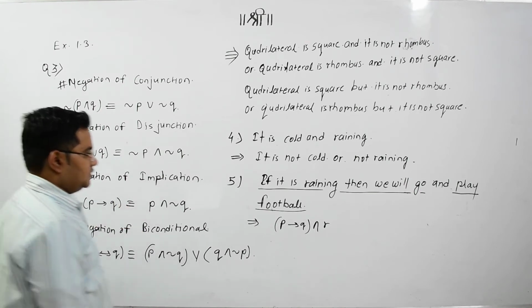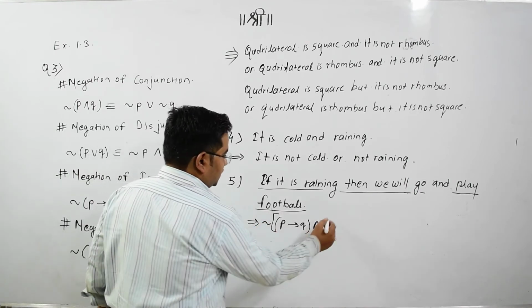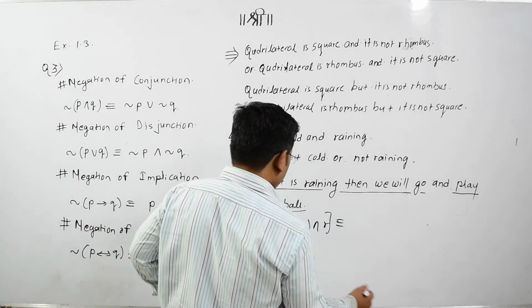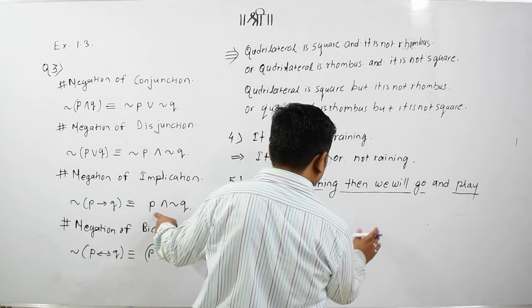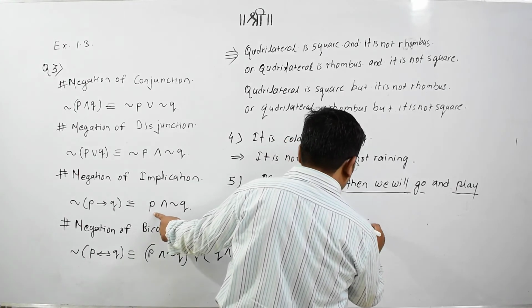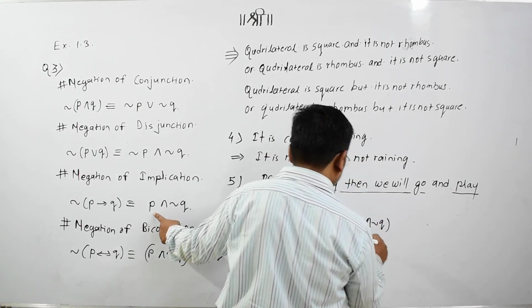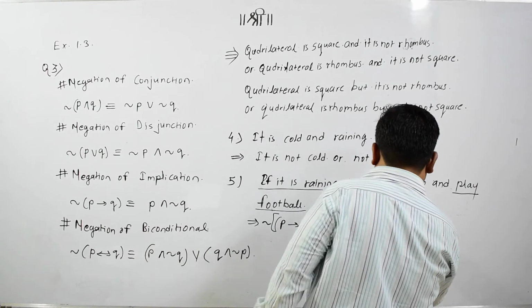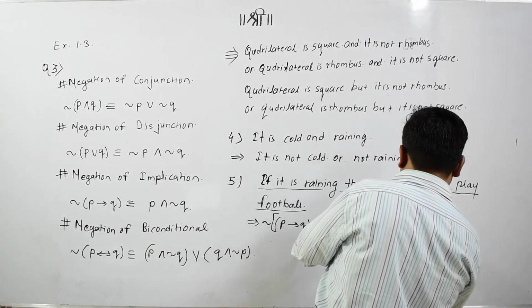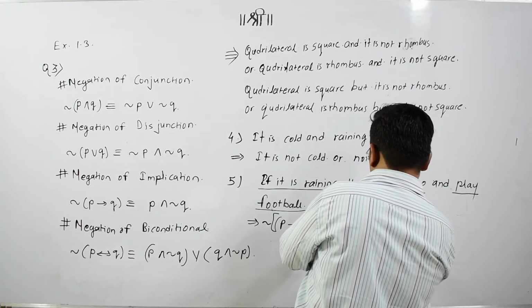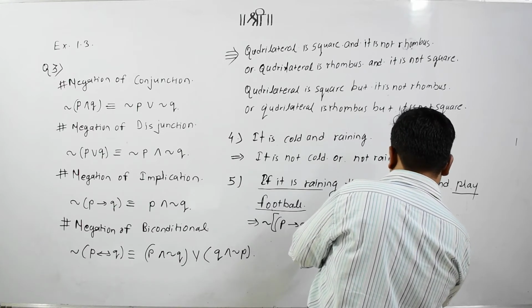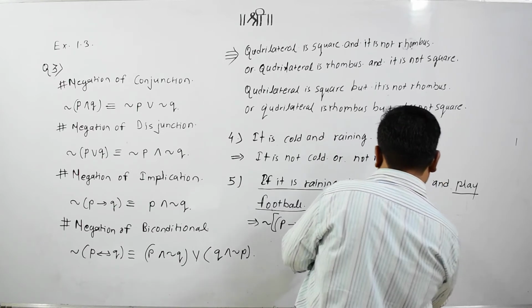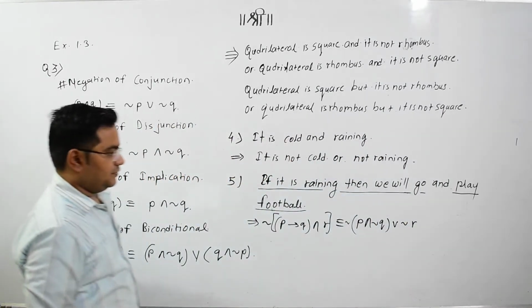The negation of this whole statement is equivalent to what? P and negation of Q, and what is the negation of and? The whole statement's negation over here, and this statement is or negation of R. So in this manner we need to fit it.